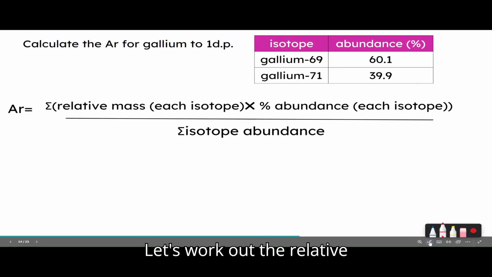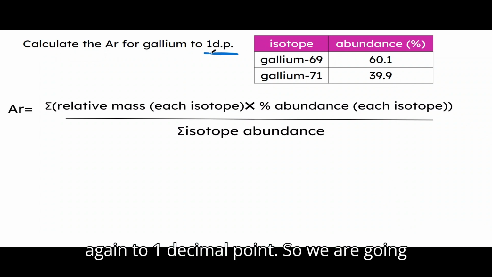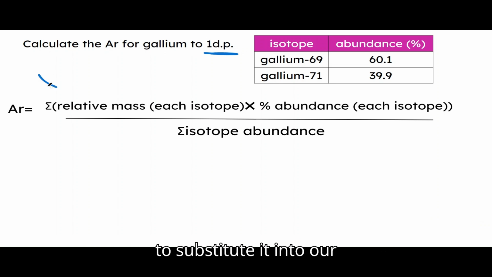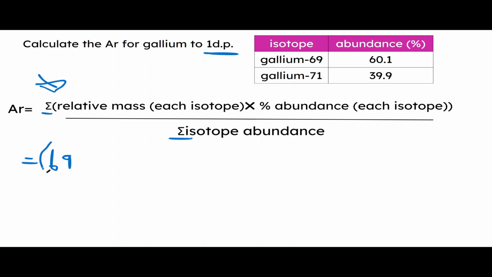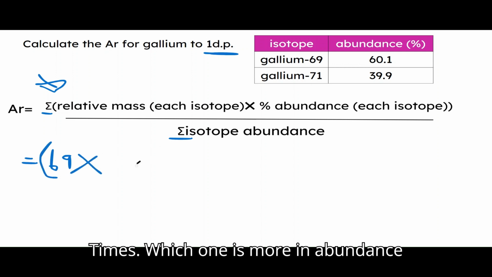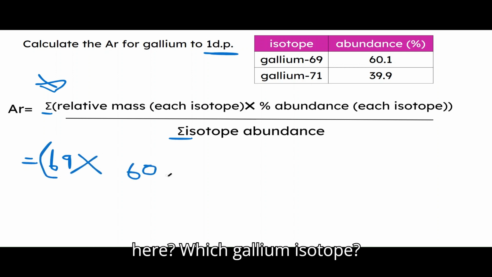Let's work out the relative atomic mass of gallium. Again to 1 decimal point, so we are going to substitute it again into our equation. Remember the sum, and to 100 divided by 100. Okay, so we take the one isotope, 69 times, which one is more in abundance here?